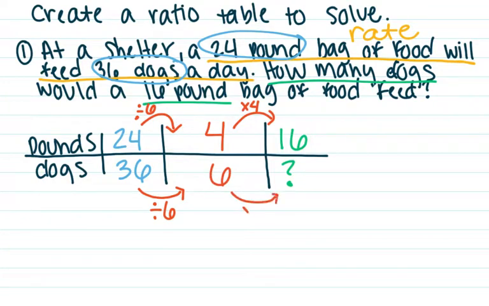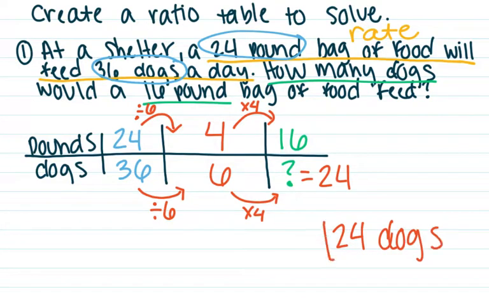And then 6 times 4, again, I'm just following that top pathway. What I did up here, I'm following on the bottom. 6 times 4 is 24. So what I found out is that 16 pounds of dog food will feed 24 dogs. So that's my missing piece of information.